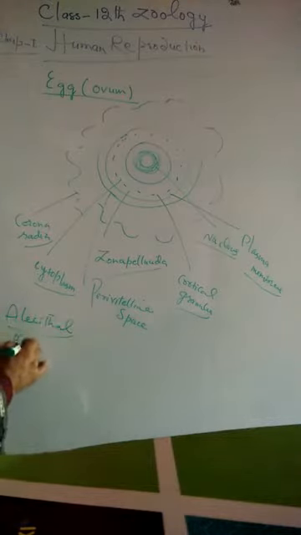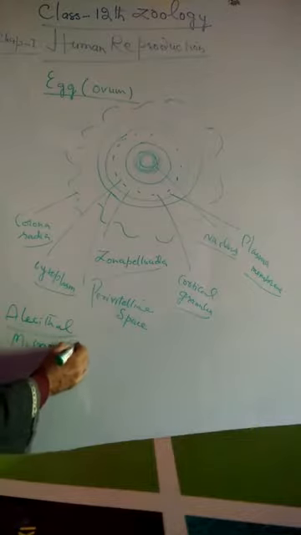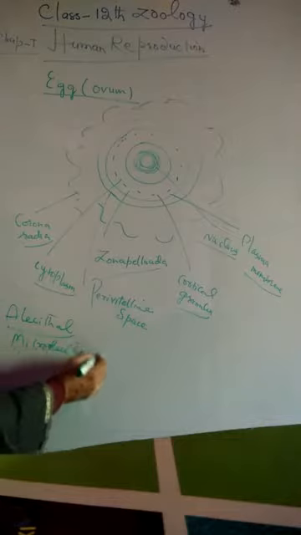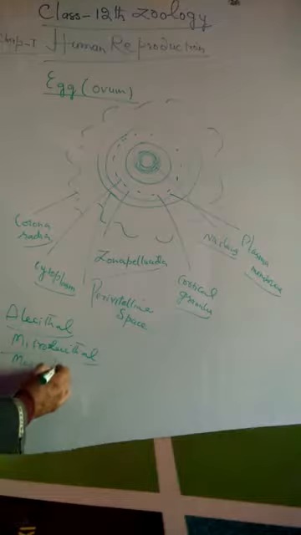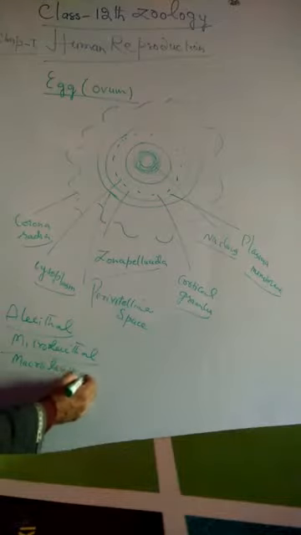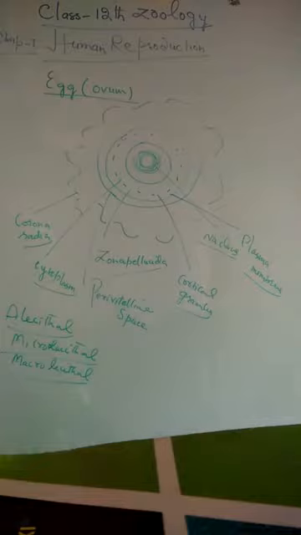There are some eggs which are called microlecithal. They contain a small amount of yolk. There are some eggs called macrolecithal or megalecithal. They have a greater quantity of yolk present in them. So the size varies in different animals and depends upon the amount of the yolk.